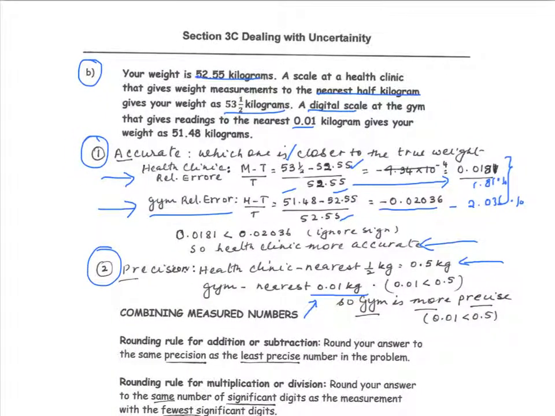Since 0.01, which is the precision of the gym scale, is less than 0.5, which is the precision of the scale in the health clinic, the gym is more precise than the scale in the health clinic. So this is an example of where the gym has more precise measurement. However, the health clinic gives a more accurate measurement, which means accuracy would mean closer to the actual or true weight. So precision does not imply accuracy.